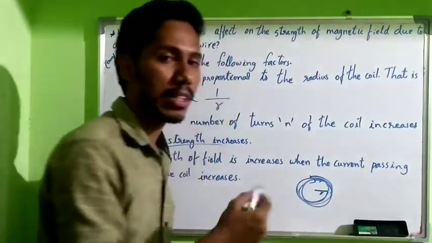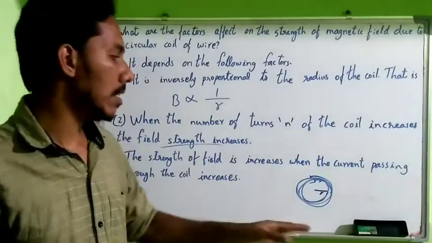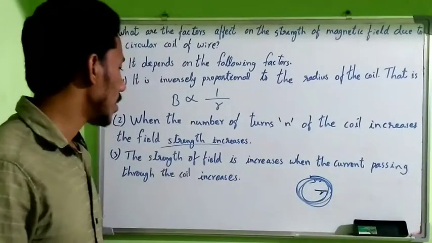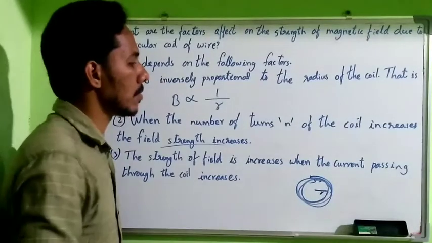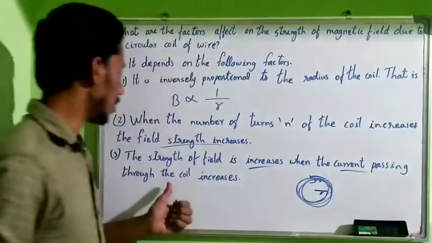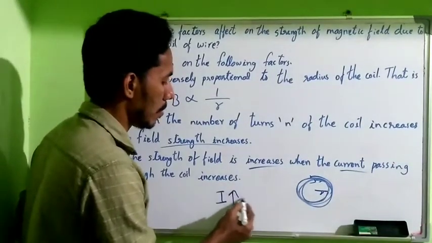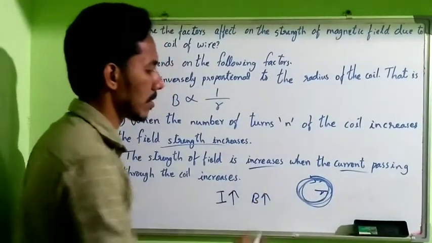So if the number of turns increases, the magnetic field produced by this loop increases. Next one, the strength of the field increases when the current passing through the coil increases. When I increases, B also increases.